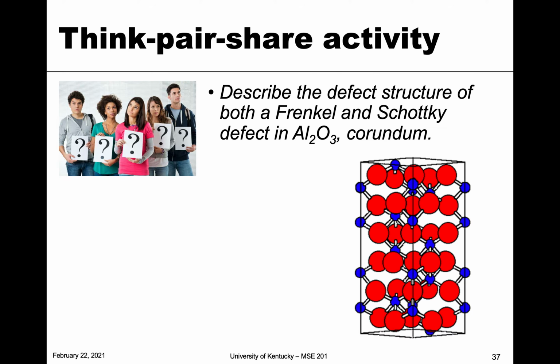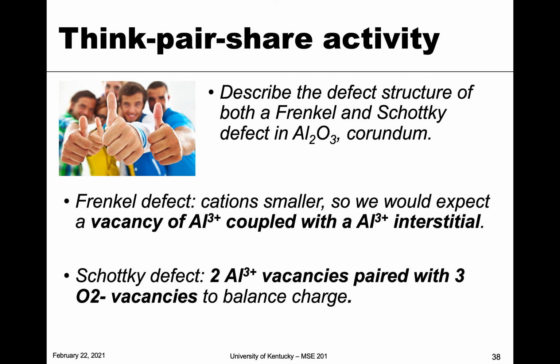All right, so let's go ahead and take a look at these examples. So we're looking at Frenkel and Schottky in Al2O3 or corundum. And so doing this, if we start with the Frenkel, again, the cation is smaller in this case, so we would expect that as the species for a Frenkel because we have a vacancy of the cation coupled with an interstitial of the cation.